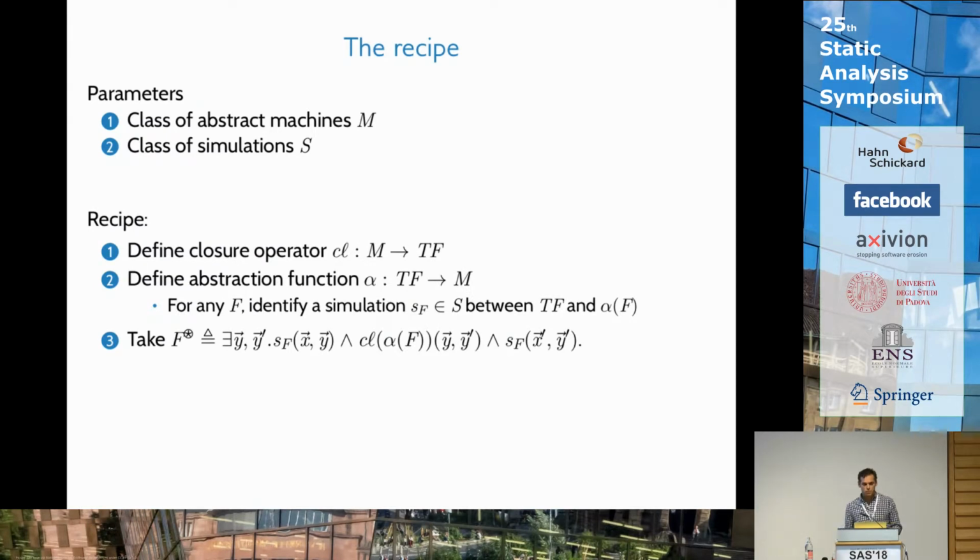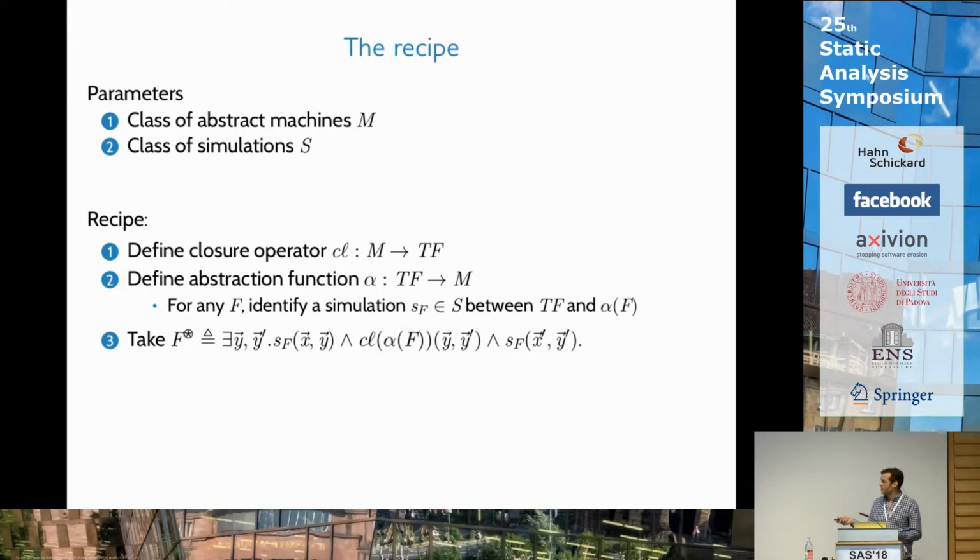All right, so if we fix those two parameters, then the recipe is as follows. First, we need to find some closure operator that maps each machine M into a transition formula that gives us an exact characterization of the transitive closure of that machine. Second, we need to be able to define an abstraction function alpha that takes any transition formula and produces some abstract machine that simulates it.